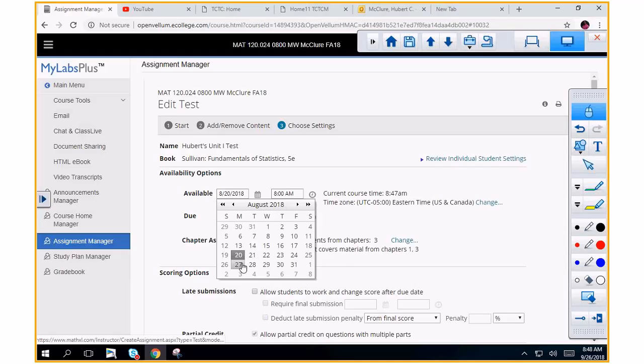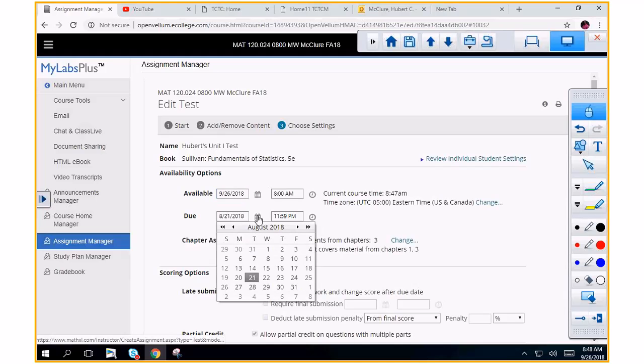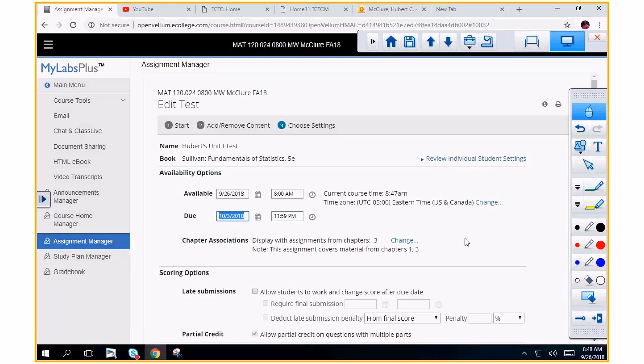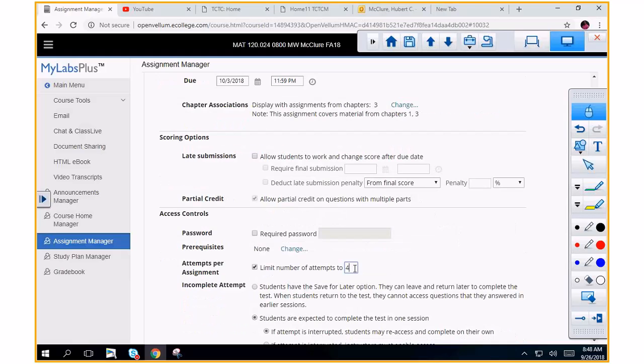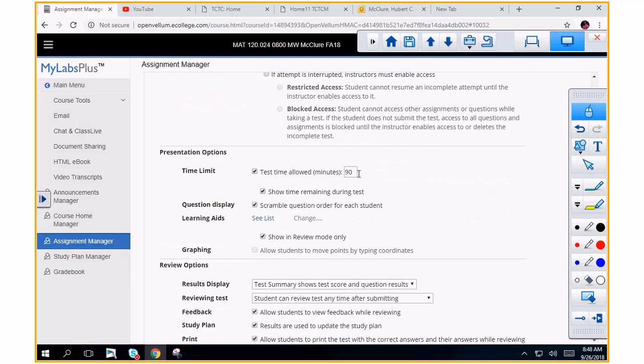All right. Today is the 26th, right here. And that means I'll give y'all a week to do it. Why do I give y'all a week? Because of the 5 flat tires, 5 dead grandmothers, the house flooded, the house struck by lightning. So I give you 3 attempts, and it takes the higher of the 3. I give you 90 minutes, because it takes some of y'all 15 minutes to hit the start button.